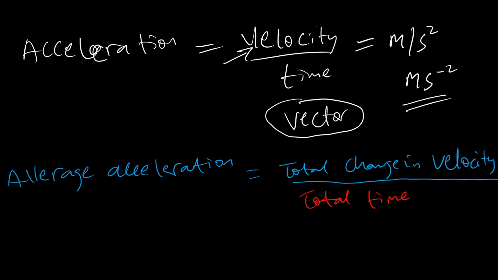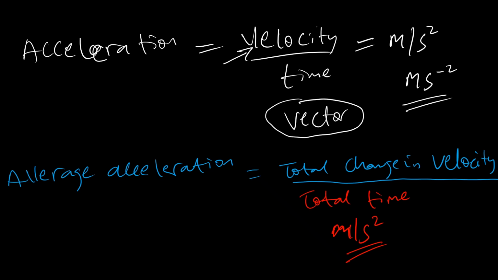So that is average acceleration. Of course, the same SI unit, meters per second squared. So it's basically the same thing as just acceleration, except that when you're considering the average acceleration of a body, you pay attention to the change in velocity. The total change in velocity divided by the total time will give us the average acceleration of that particular body or object. I hope that makes sense.